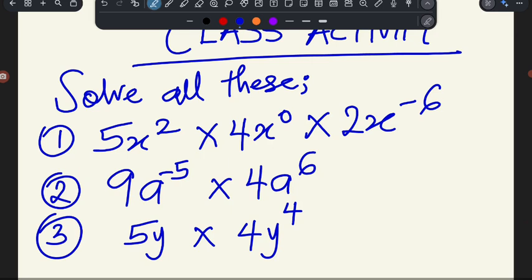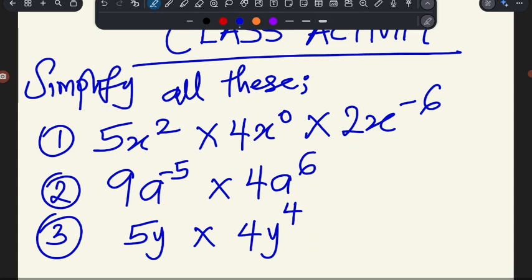Just simplify all this. The third one is 5y times 4y raised to the power 4. So you solve this and you send the answer to me in the comment section.